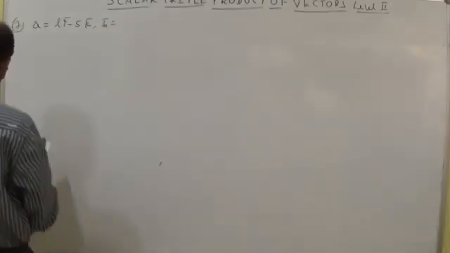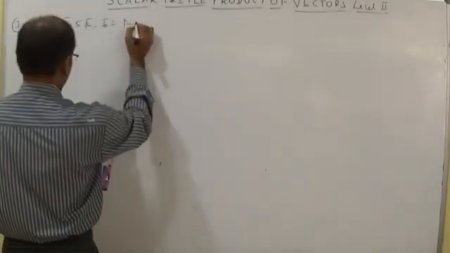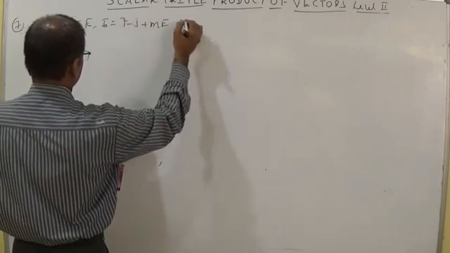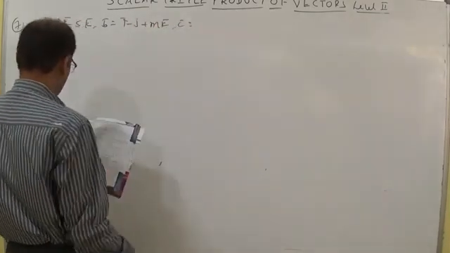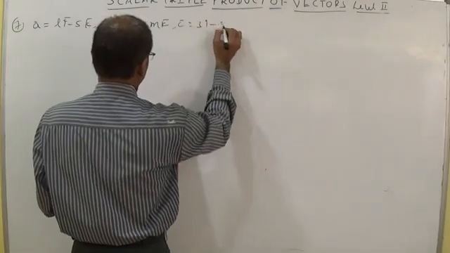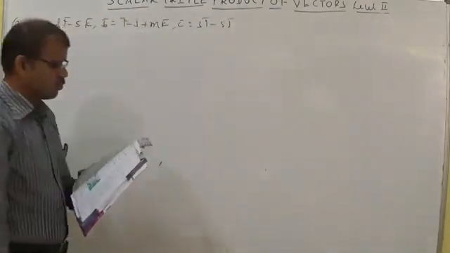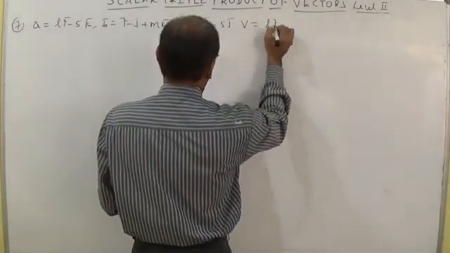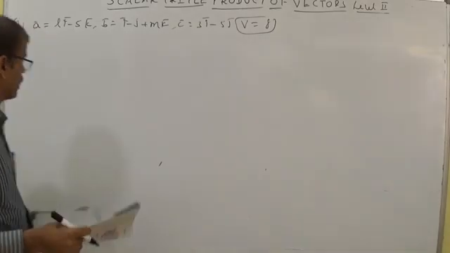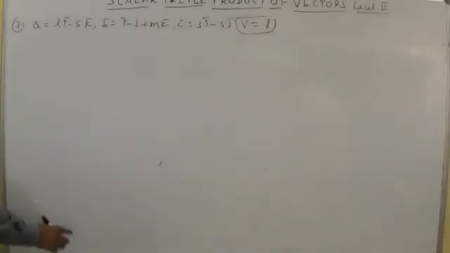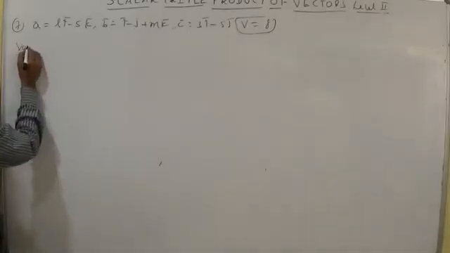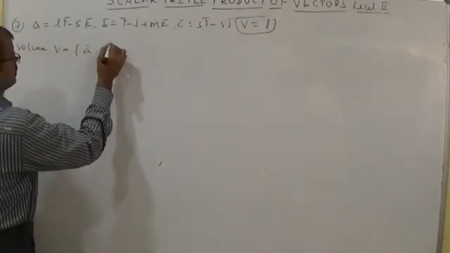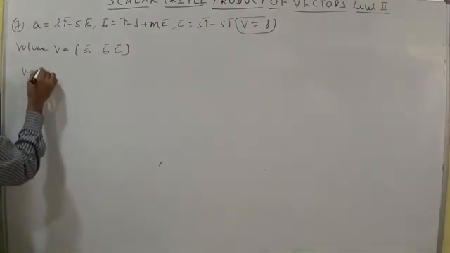B bar is equal to i minus j plus m k. Next C bar is equal to 3i minus 5j. For the coterminous edges, the volume V is given as 8, and L and M are related according to the options. So the volume of the parallelepiped V is, simply by the formula, box ABC.